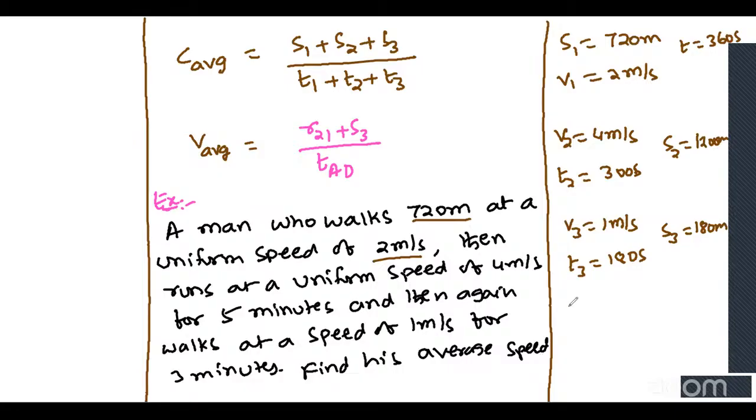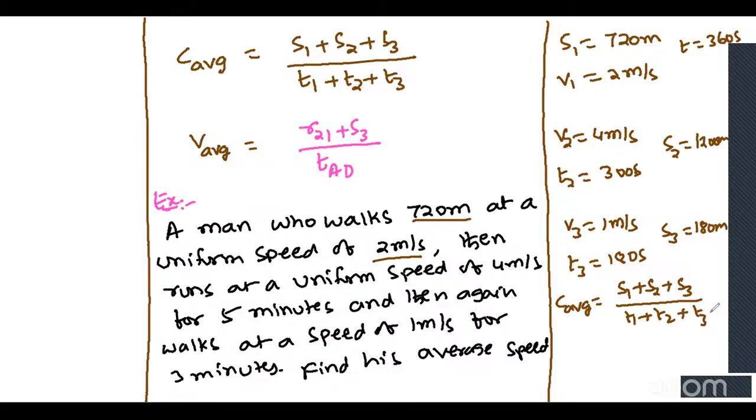So for average speed, you can use any formula. I am using total distance by total time. Here you know S1, V1, T1. You can use any formula.